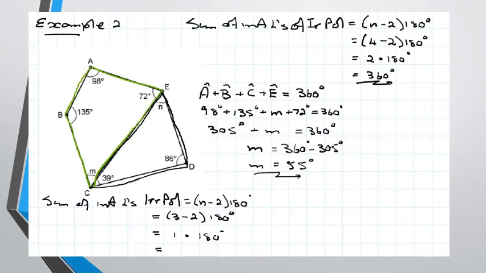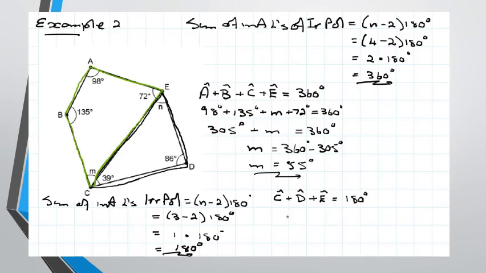So my total sum of the interior angles of that triangle must be then equal to a value of 180 degrees. Therefore, I'm going to make the next statement by saying now that angle C plus angle D plus angle E must be now equal to 180 degrees.